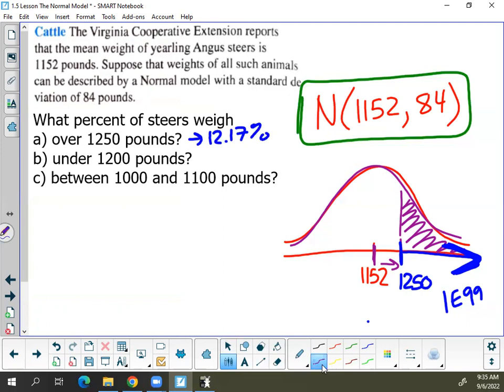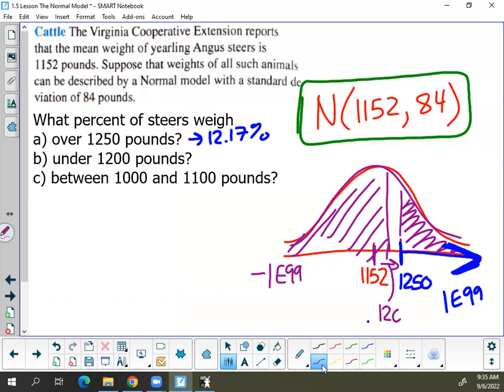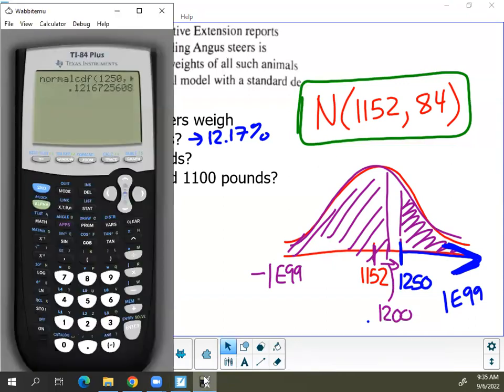If we wanted to do under 1,200, well, 1,200 again is going to be somewhere above the mean, but less than that. We want to say under. So we're looking for this area now to the left. And so on the left here, I'm going to have negative 1e to the 99. And on the right is going to be that 1,200. So I'm going to tell my calculator, second vars, choose the second option. I'm going to tell the calculator the left is negative 1e to the 99.